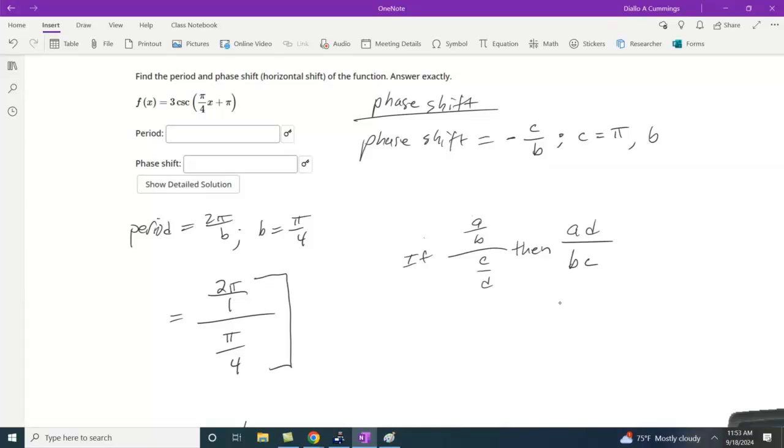B is going to be pi over 4. Right, so this is negative. Right? And then I have my main fractional bar.